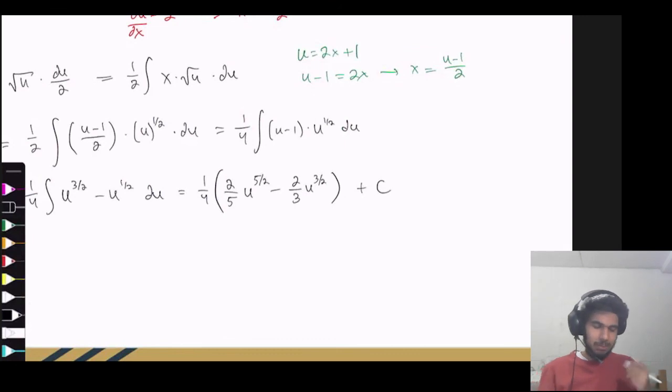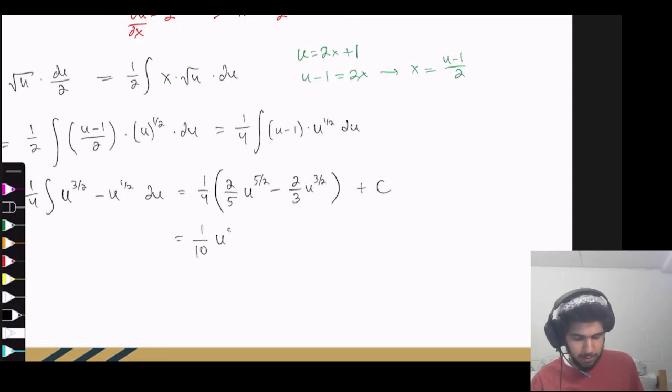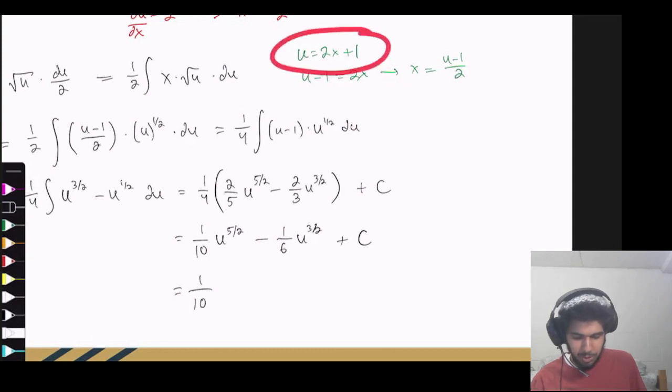So we can substitute u in here, but first let's distribute a little bit. 1/4 times 2/5 is equal to 1/10 u to the 5/2, minus 1/4 times 2/3, that's 1/6 u to the 3/2, plus c. Now we'll make our substitution for u, which we said was 2x plus 1.